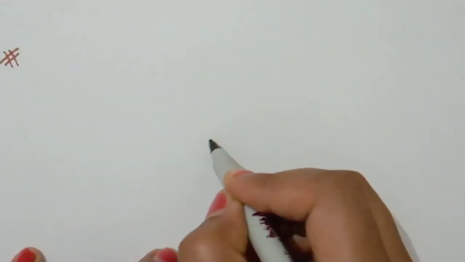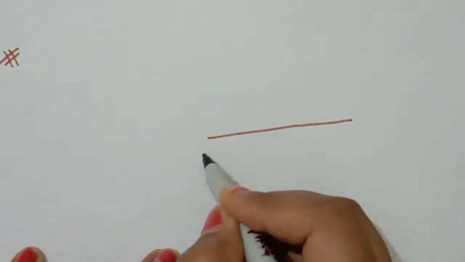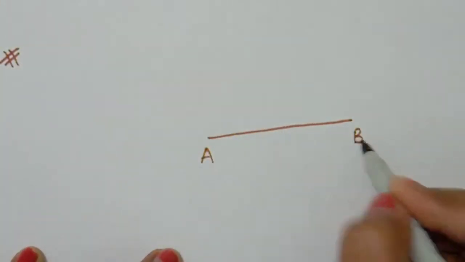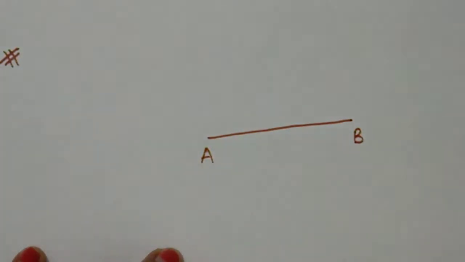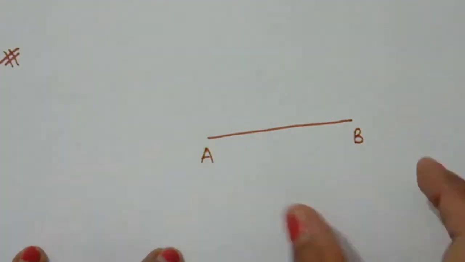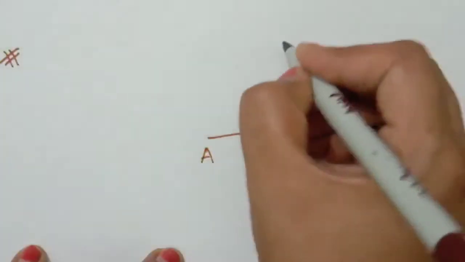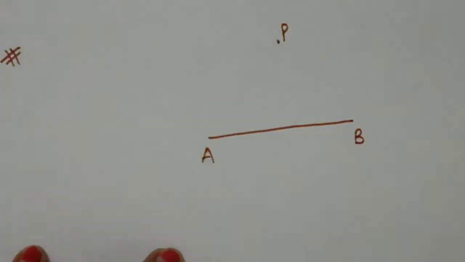So students, for understanding this topic, chords and their distance from the center, we will draw a diagram first. We will draw a chord, a line segment AB. P is any point which is not present on the line.